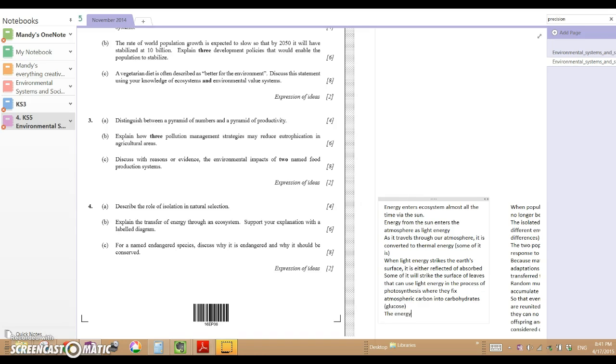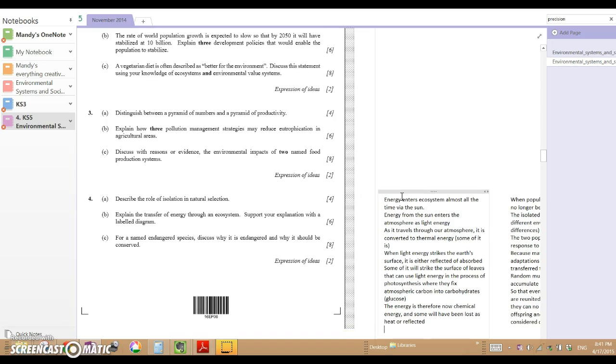The energy is therefore now chemical energy, and some will have been lost as heat or reflected. So we lost some energy from the system, and only a small amount of it has been transferred.